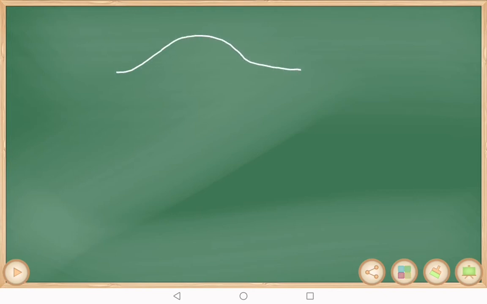So suppose this is the distribution of the test statistic under the null hypothesis, okay? Let's say suppose this is our critical region, of size alpha, so the area under the curve here is alpha, right?